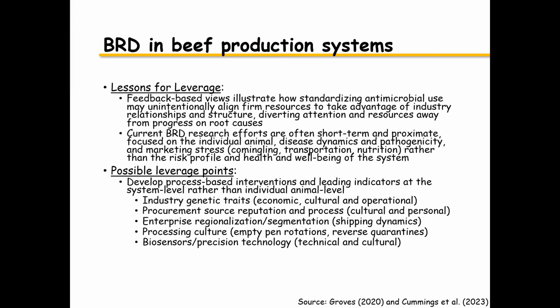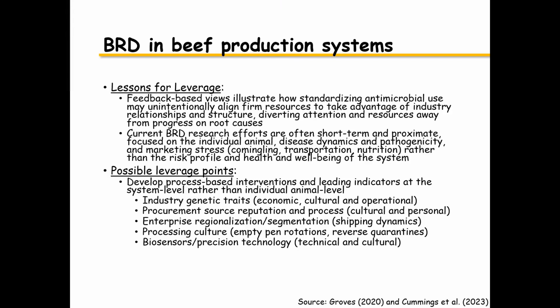I think some really interesting stuff that my colleague John Groves has worked on is processing culture and ways to not overturn the whole shipping process and cattle processing procedure, but ways to do empty pen rotations and reverse quarantines to take advantage of some structural things we can do with smaller pen sizes and where cattle go through the system that might minimize that.